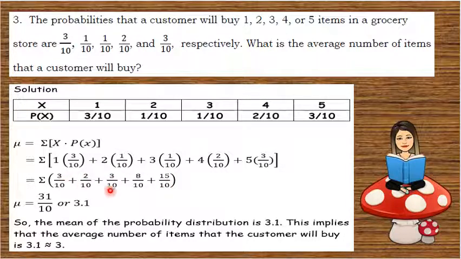Again, these fractions are similar fractions, so you will just copy the denominator and add the numerator. So, 3 plus 2 plus 3 plus 8 plus 15 is 31 over 10 or 3.1. The average is 3.1 or the mean is 3.1. So, the mean of the probability distribution is 3.1. This implies that the average number of items that the customer will buy is 3.1 or approximately 3 items.